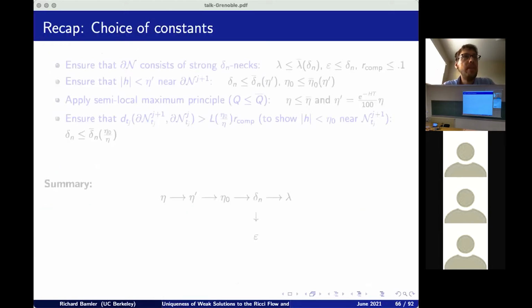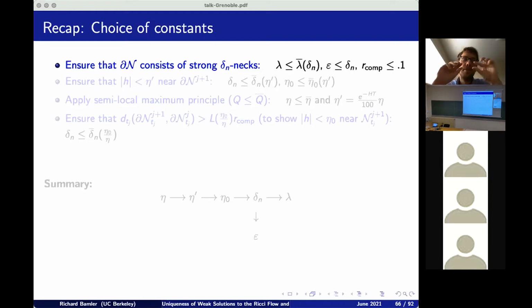Okay, so let me recap. Maybe we could recap this construction by understanding how we have to choose all these constants, lambda, delta n, epsilon, and so on. Let's go over the construction again. First of all, when we constructed the comparison domain, we needed to ensure that the boundary of the comparison domain consisted of regions that looked like delta n necks.